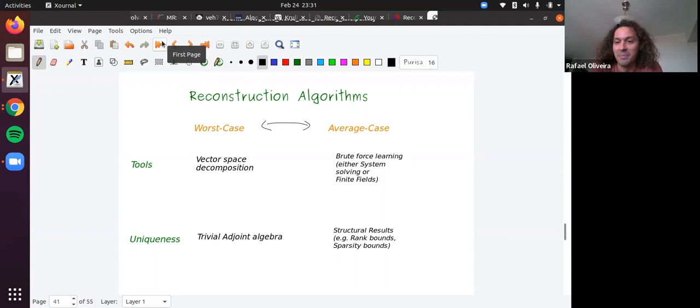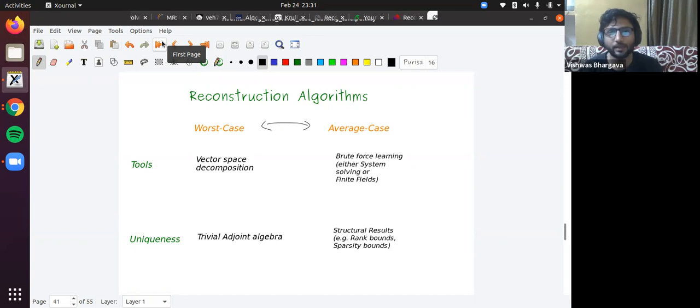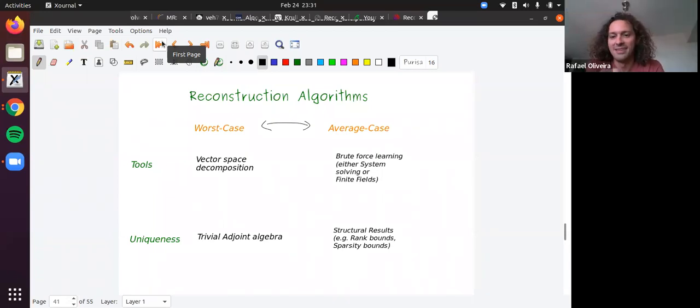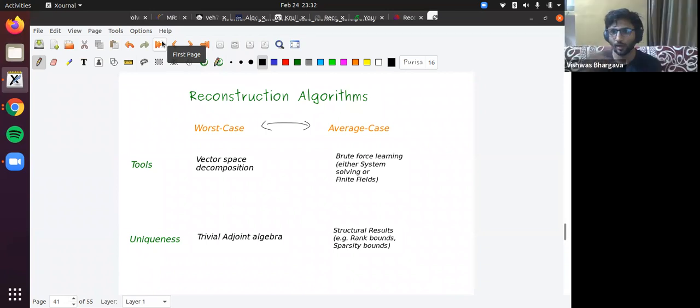Cool. Any more questions? So let me point to some open problems. The first big open problem: in the average case, there is this general paradigm which says that if you have a lower bound for a class, then maybe we can use those kinds of operators to do average case learning as well. We have some success, but things are wide open.